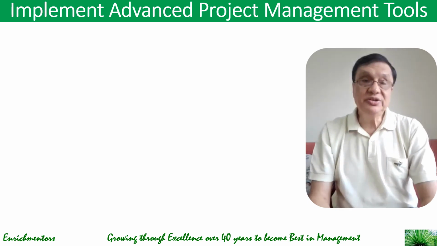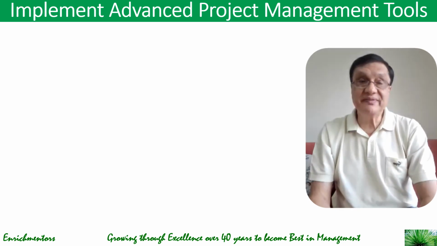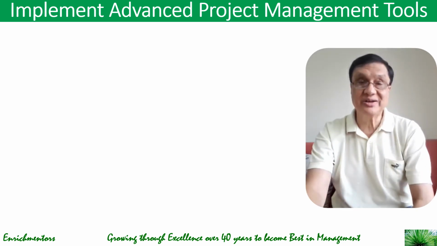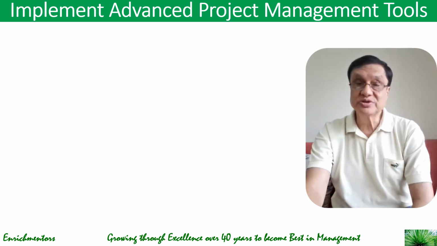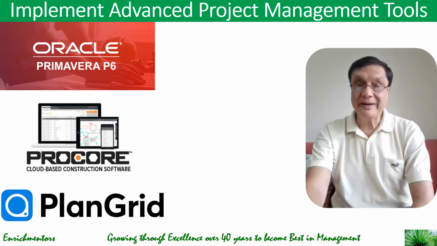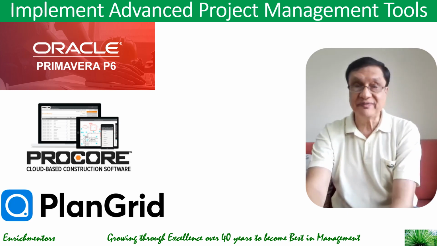One important thing to efficiently utilize your resources is to implement advanced project management tools. Now, what are these advanced project management tools? We have talked about them earlier. You can use software like Primavera P6, Procore, or PlanGrid to manage resources efficiently.